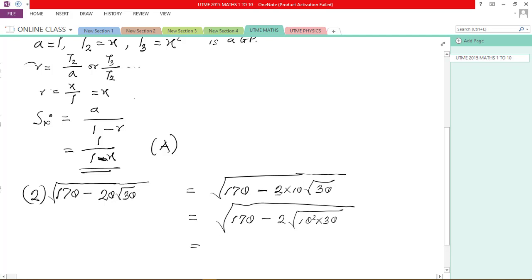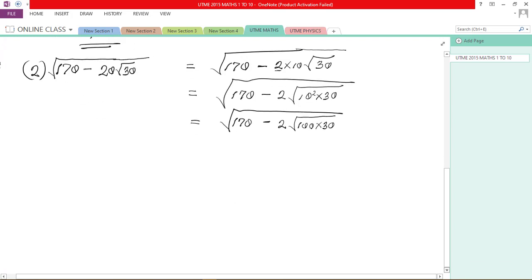Which means that we are having the square root of 170 minus 2 root what? This is 100, as you see it, 100 times 30. So in essence, we are looking for the square root of 170 minus 2 root 3000.